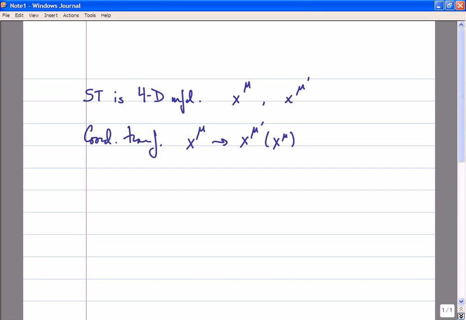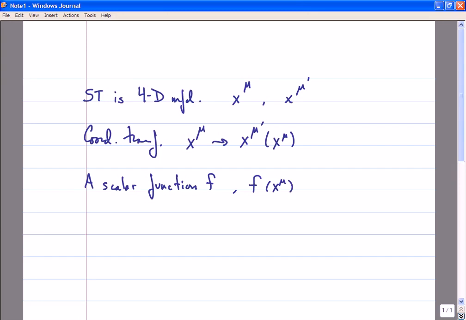So, for example, if we have a scalar function f, then that's just an assignment of a number to each point in spacetime, or each point on our manifold, which could be written as f(x^μ) in some coordinate system.